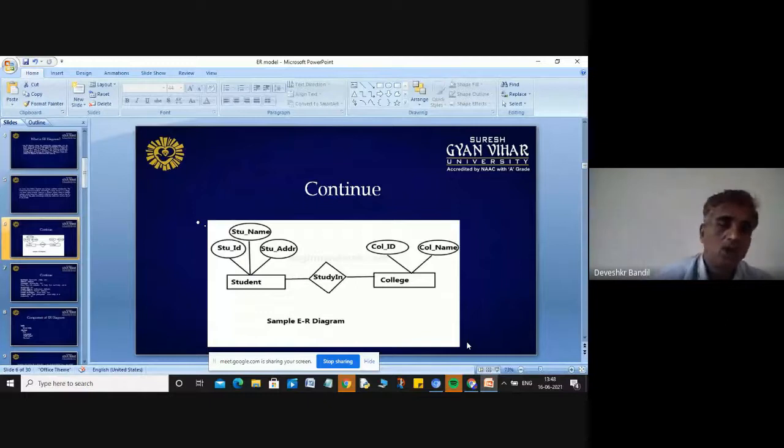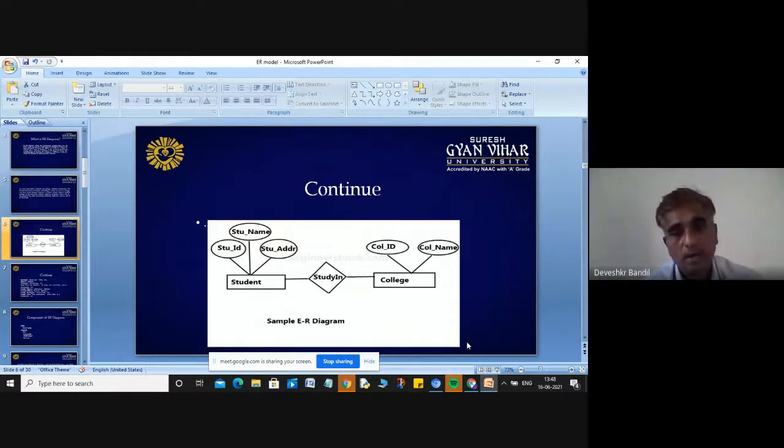Now suppose you are having a table of a student. In this student table, you will take three attributes of a student, and if you are having another table of your college, the college table having attributes college ID and college name. So this is your simple ER diagram, where student and college are two entities.